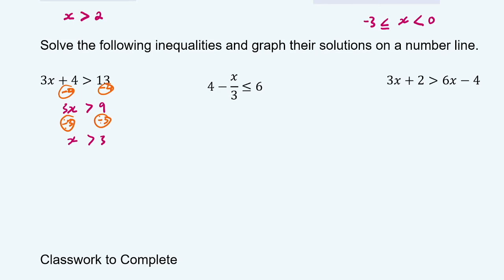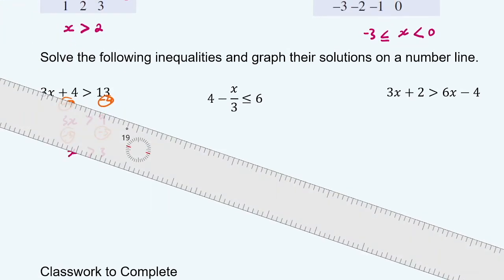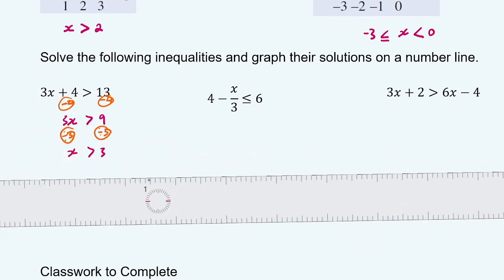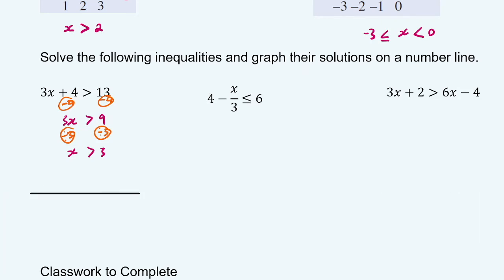So now I draw this up on a number line. If you've got your ruler handy, use your ruler. So just a quick little number line. I'm going to put x on the end. It doesn't matter which end, really. x usually just goes to the right.